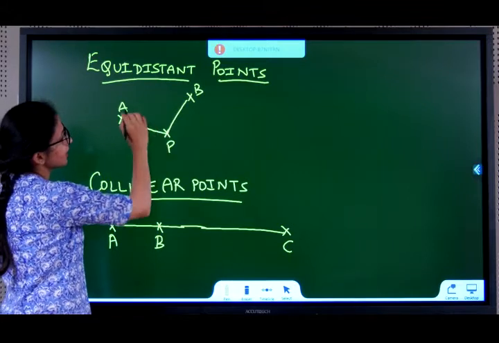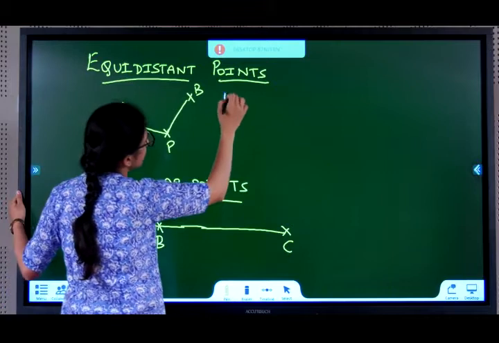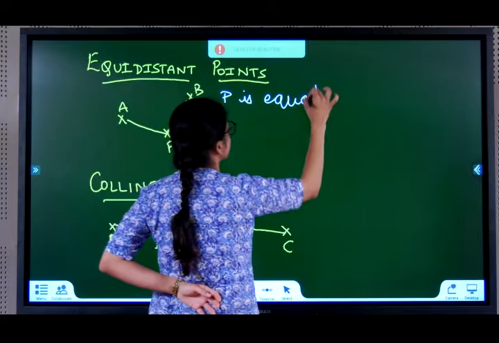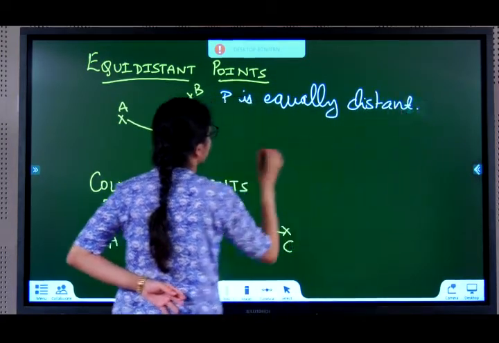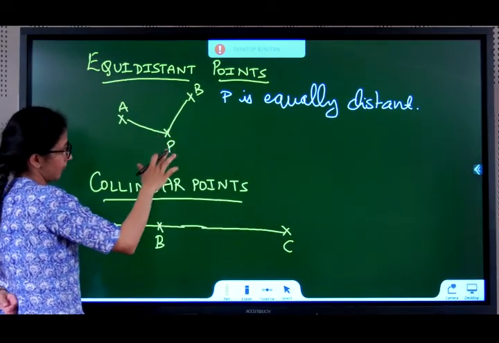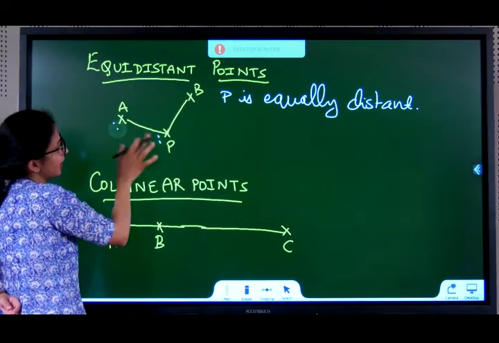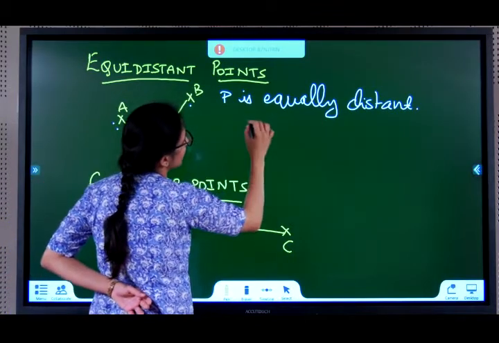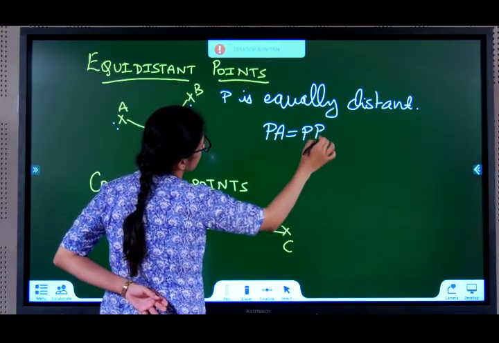So P is equally distant from A and B. That means if it takes 100 meters between P and A, then it's 100 meters between P and B also. So if P is equally distant from A and B, then PA is equal to PB.